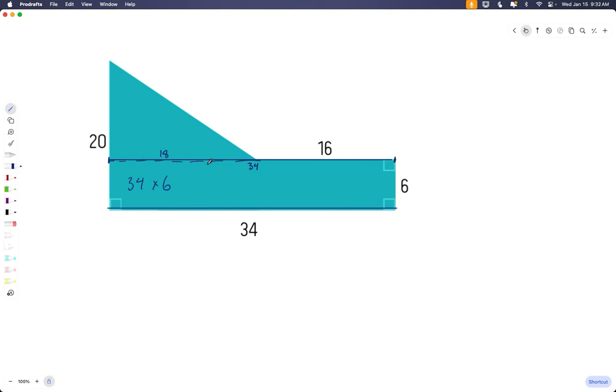So the base of the triangle stops at the 18 right here. And then you've got another 16 of the rectangle width that isn't included in the triangle.